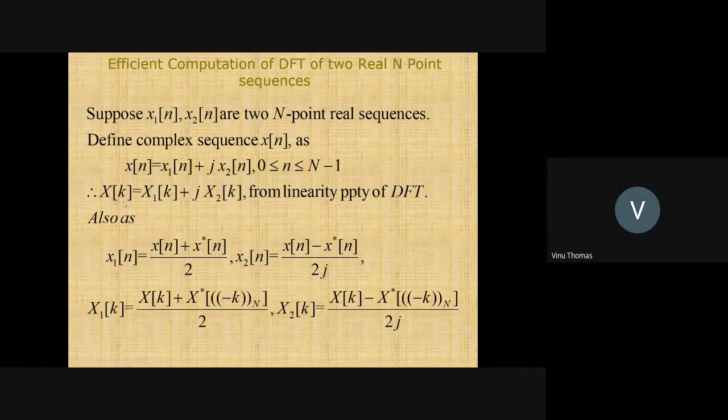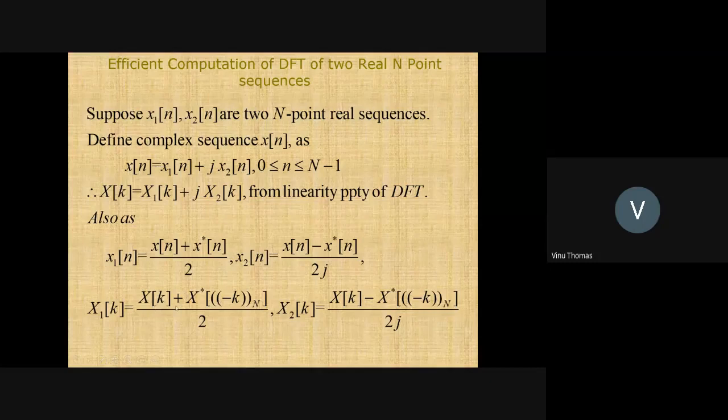Now, Arvind, you can also tell me how many complex additions are required. To compute x of k, you require n log n to the base 2. Now, to compute this, how many additions are required? How many samples are there in x of k? You have n samples. Here also you have n samples.